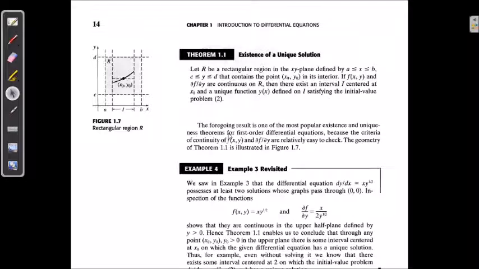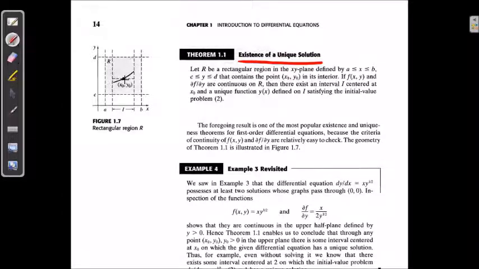So this is the theorem for the existence of a unique solution of a first order differential equation. Let R be a rectangular region in the xy plane defined in the x domain a to b and y domain c to d. So between a to b and c to d there is a rectangular region R, which contains the point (x0, y0) in its interior.